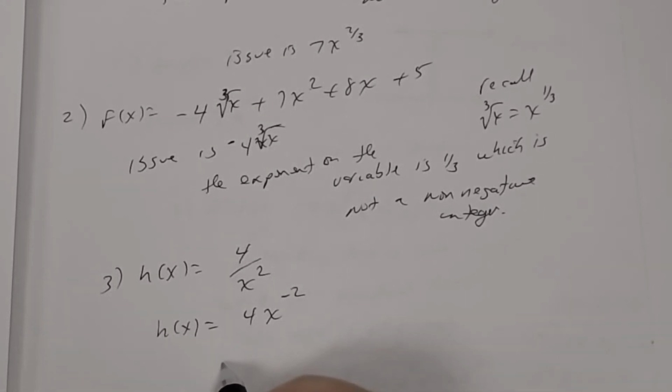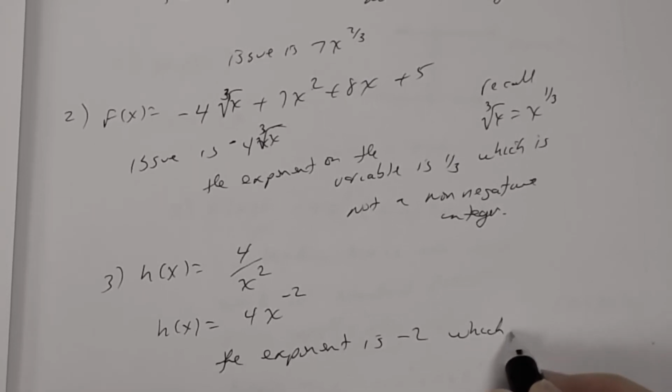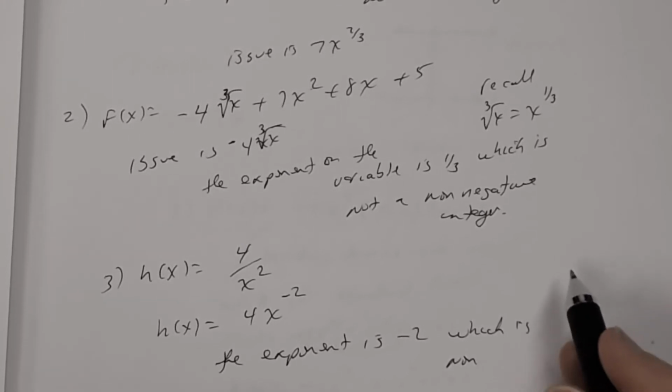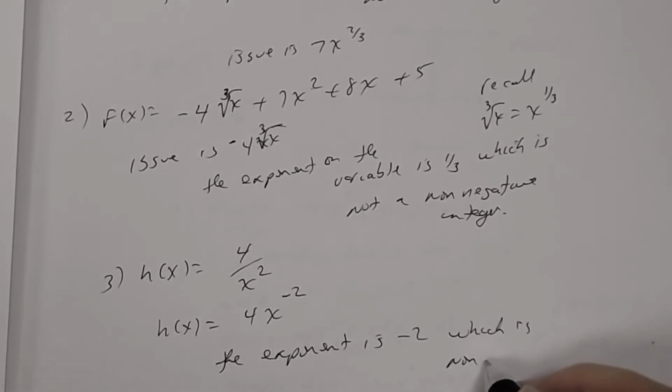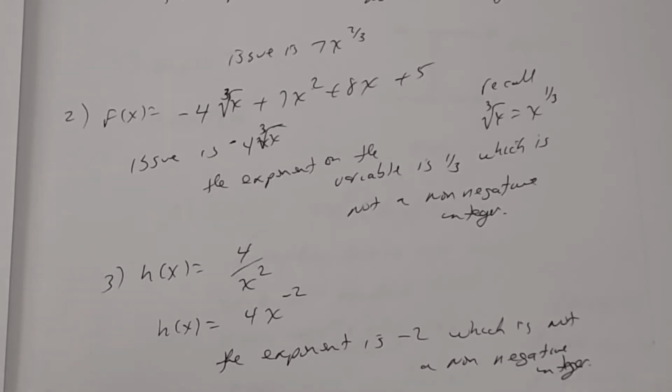So the issue is that the exponent is negative 2, which is not a non-negative integer.